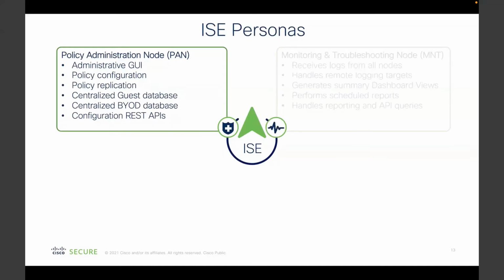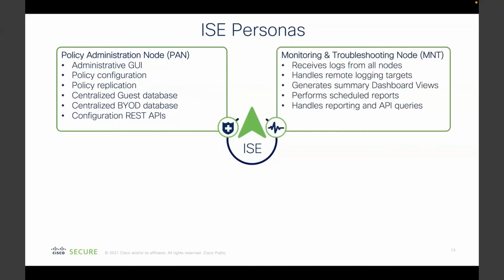Then the next persona is the monitoring and troubleshooting node, or the M&T node. That is basically where all of your AAA logs, your authentication, authorization, and accounting logs, all of those get sent to the M&T node, and it can then replicate those logs out to other syslog remote targets.